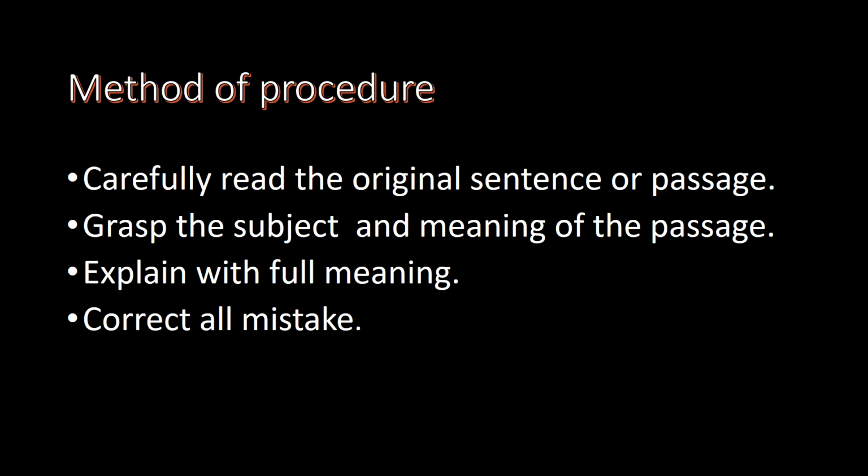And to write more effectively, we need to add some details, some examples, some proofs, illustrations, we could say, right? And last but not least, we need to correct all the mistakes of spellings and grammar as well as punctuation. We need to check our language after writing it. I hope you got the method also.